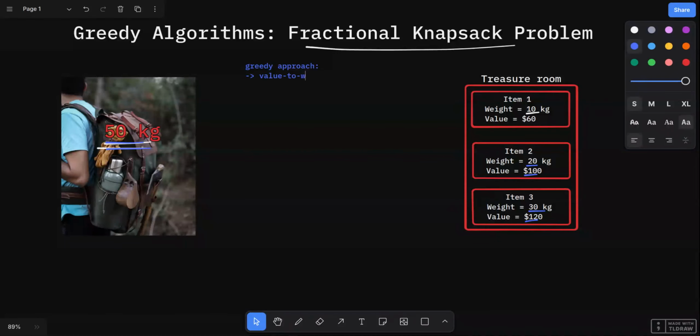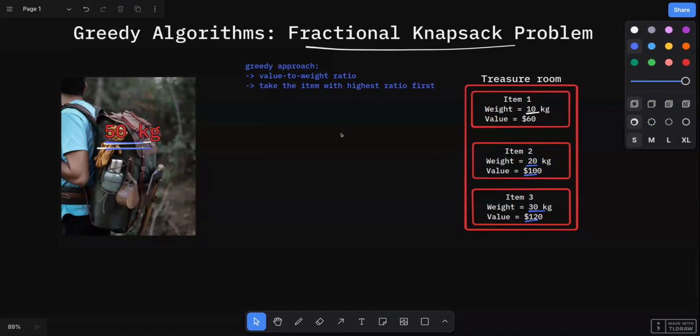We're going to calculate the value to weight ratio of each item and always take the item that has the highest ratio first. And you're going to see why we take the item with the highest ratio first.